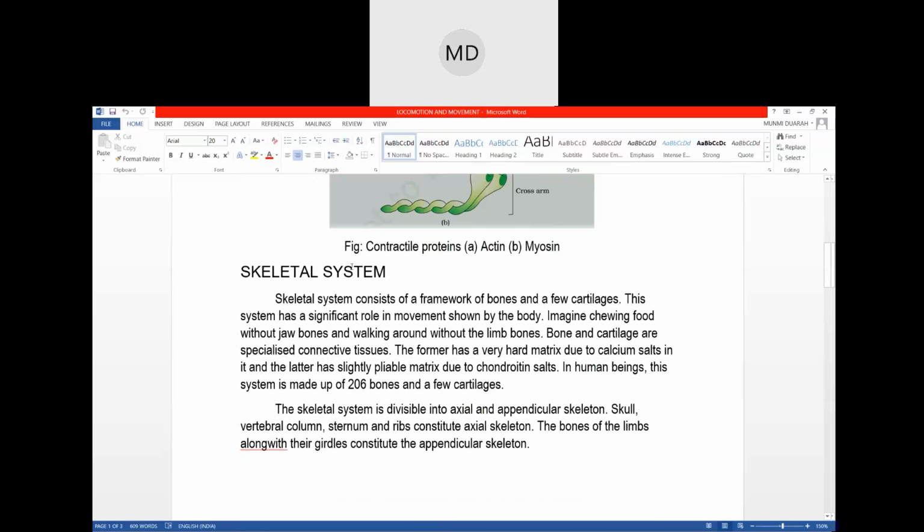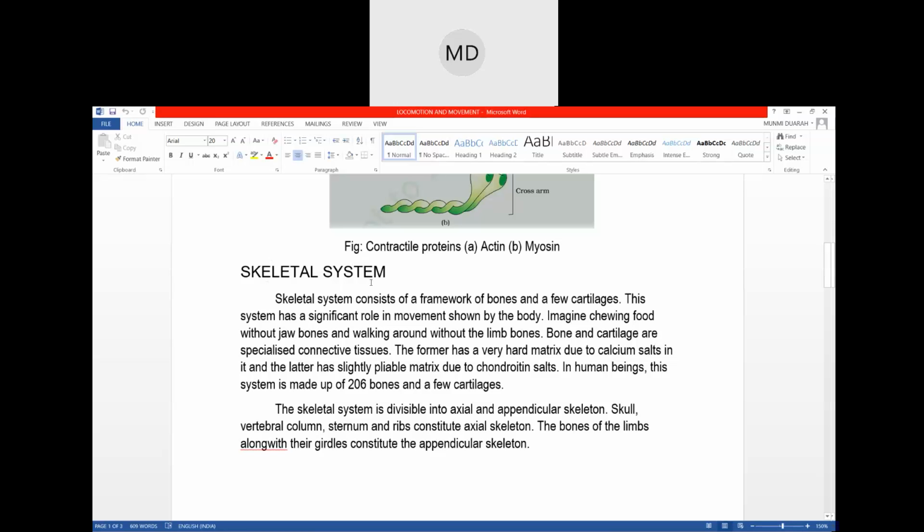Then there is the skeletal system, which plays a very important role in locomotion and movement. How? All of you have seen, I guess, a skeleton in your school, high secondary, college, or wherever you have studied. Most schools and colleges have a skeleton figure kept in their labs.